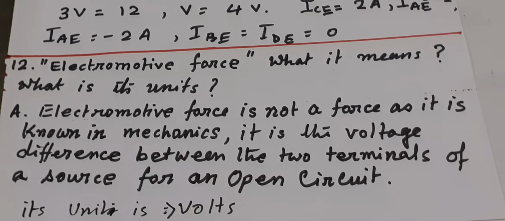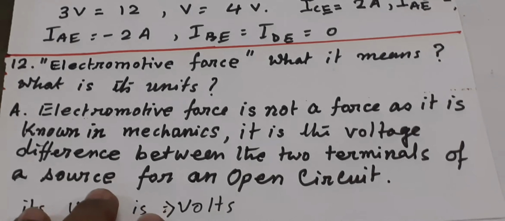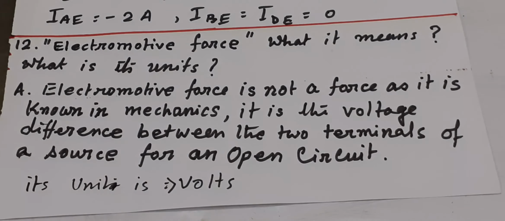Now come to 12. Electromotive force. What does it mean? What is its unit? Electromotive force is not a force as it is known in mechanics. From Newton's second law of motion, we can derive force, and from the first law the definition will come.